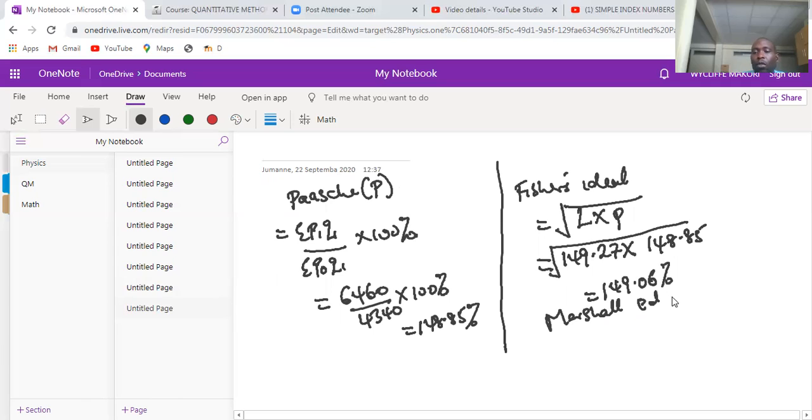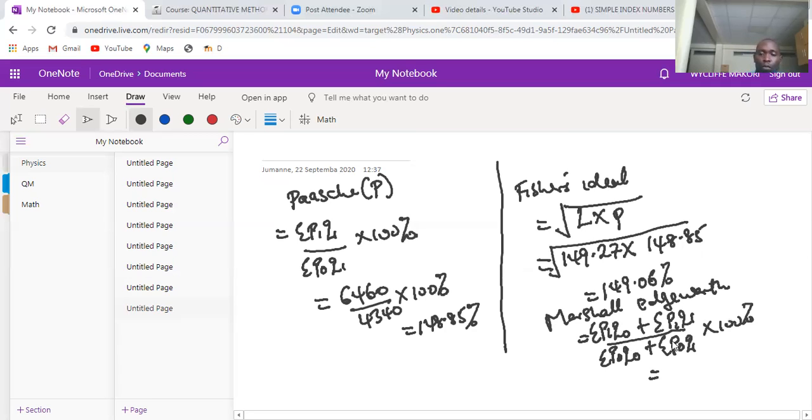For the Marshall-Edgeworth, you need to calculate it by getting the summation of P1Q0 plus the summation of P1Q1 over the summation of P0Q0 plus the summation of P0Q1, then we multiply by 100%. You realize these values are all obtained.